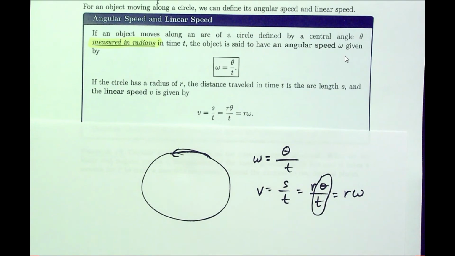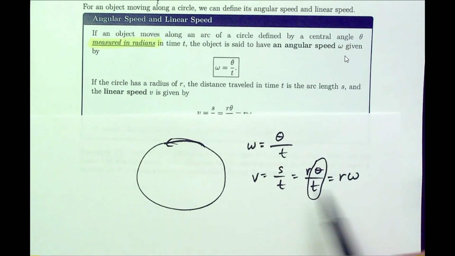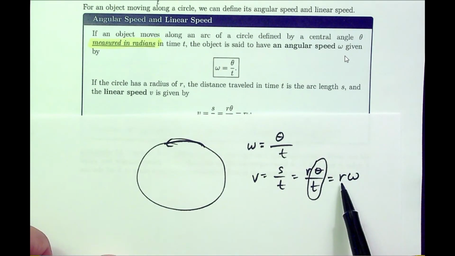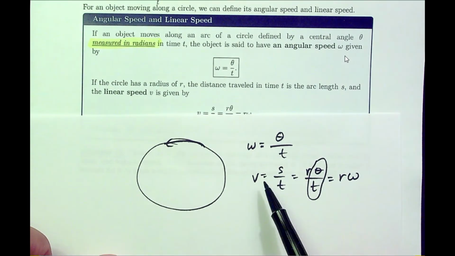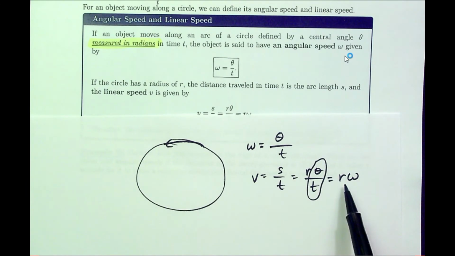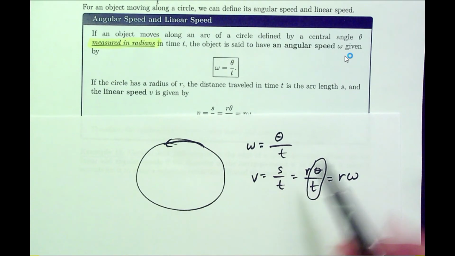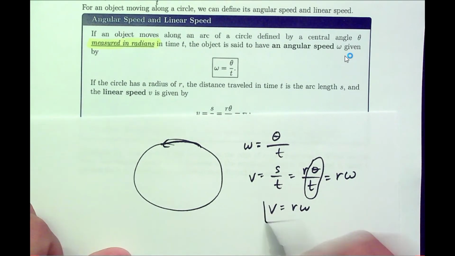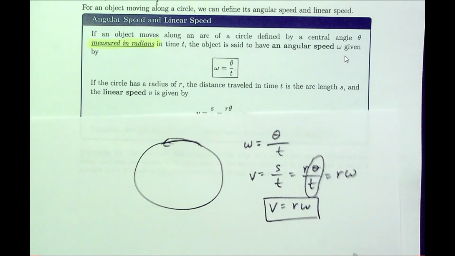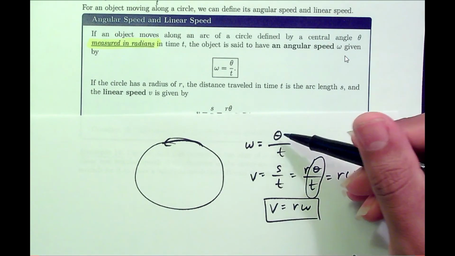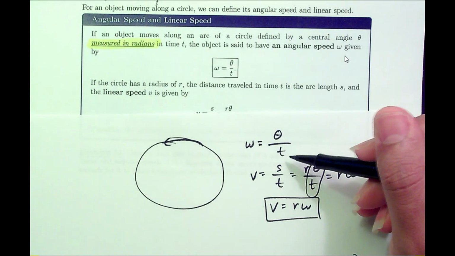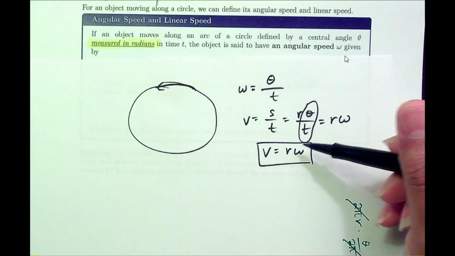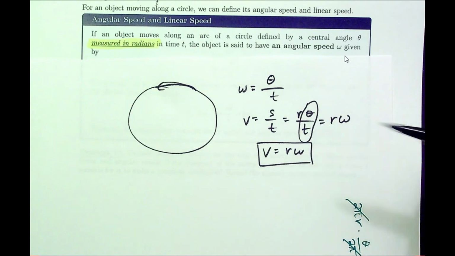So that means the angular speed times the radius gives you the linear speed. That's the relationship between the linear speed and the angular speed. The angular speed is the radians over the time, and the linear speed is the angular speed times the radius.